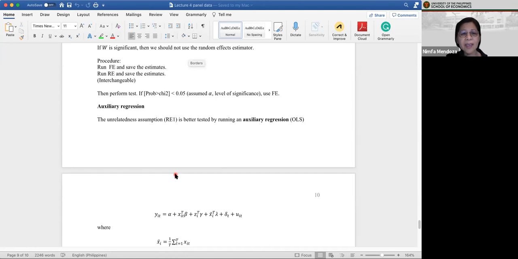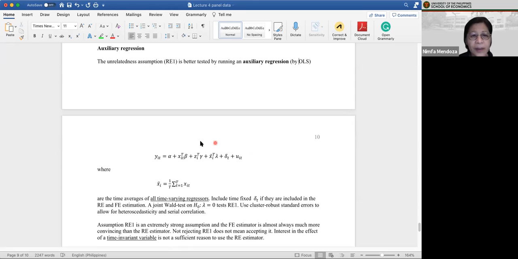This assumption, RE1, is better tested by running an auxiliary regression. You do this by OLS. So estimate this by OLS.